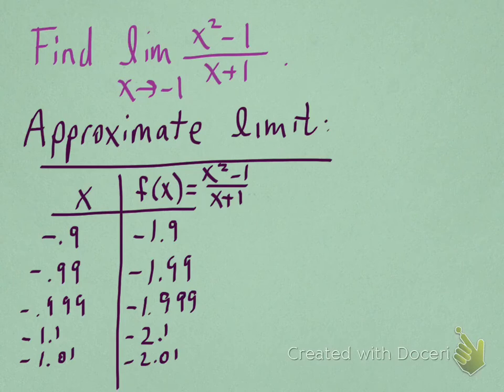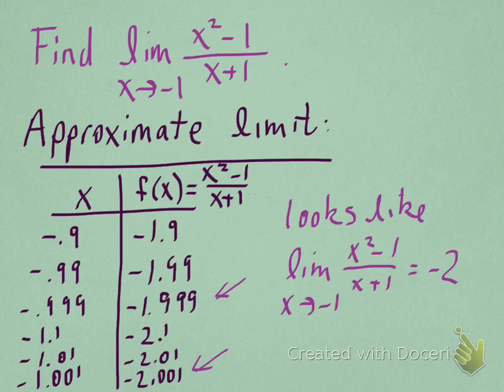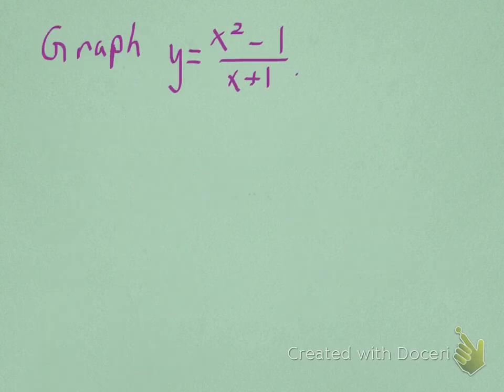If x is negative 1.01, f is negative 2.01. And if x is negative 1.001, then f is negative 2.001. So from this table of values, it appears that the limit as x goes to negative 1 of f of x is equal to negative 2. That's our guess. That's what we have some evidence in support of.